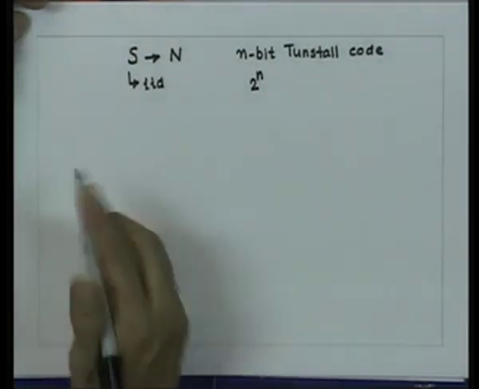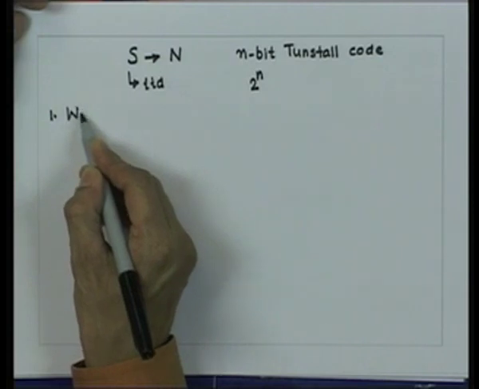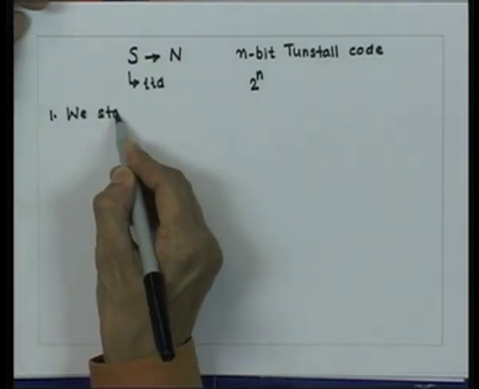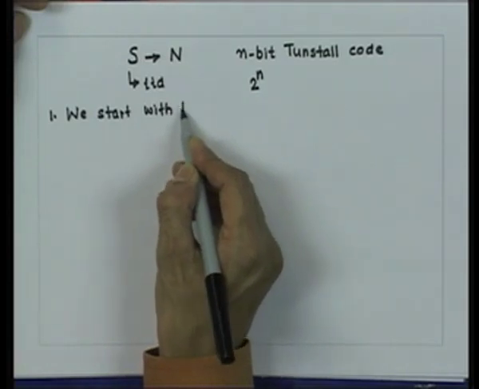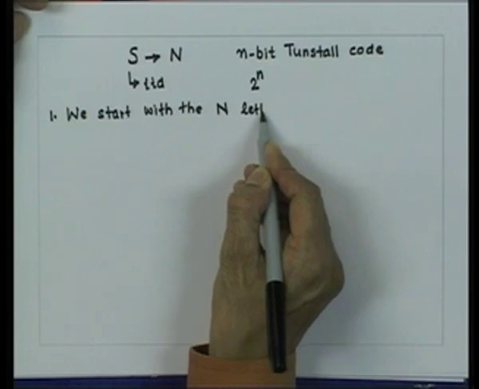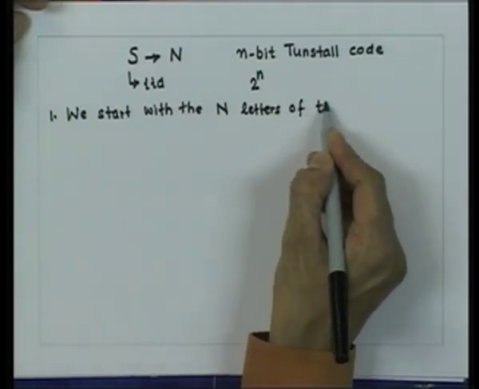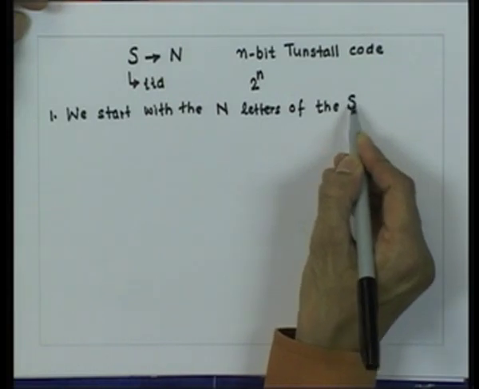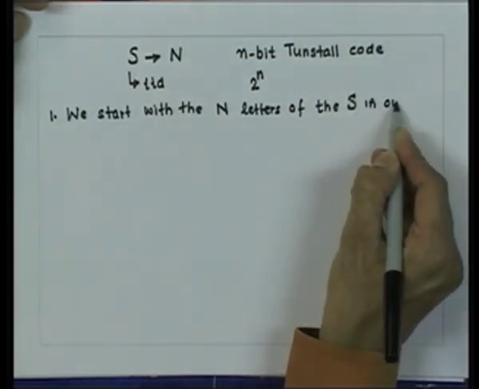So, the first thing is we start with the n letters of the source alphabet in our code book.